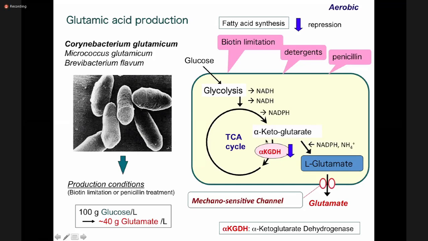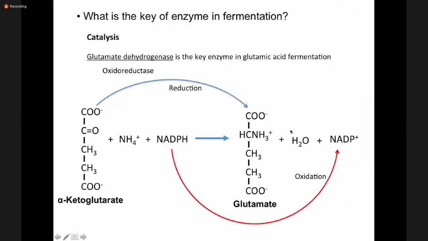So this is alpha keto glutarate in the TCA cycle. It's one of the compounds in the TCA cycle, alpha keto glutarate. That means this reaction is also basically metabolism in our body, not actually in our body, but usual standard metabolism in this microorganism.